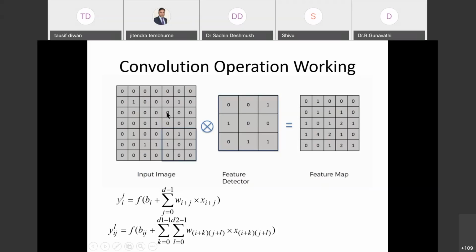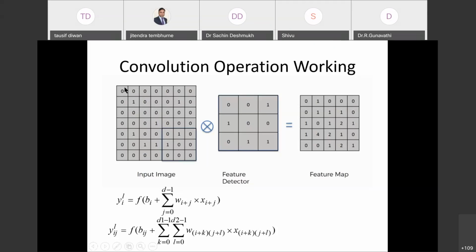So can we establish a formula for computing the width of the output? Width of the output is equal to width of the input minus filter width plus 1.